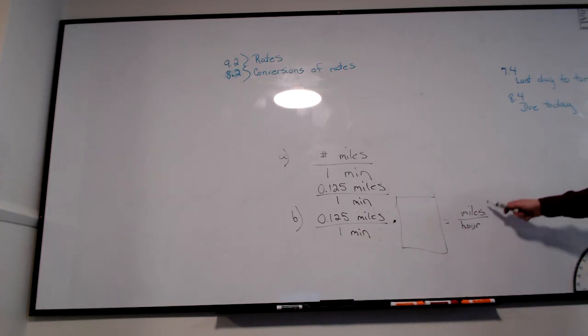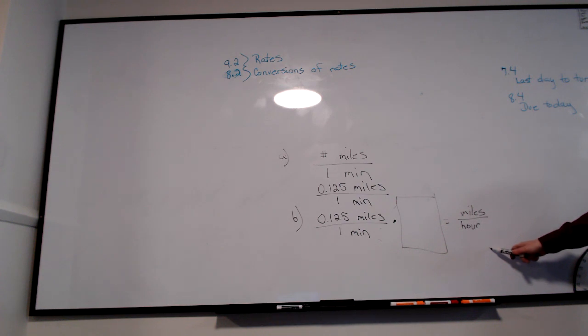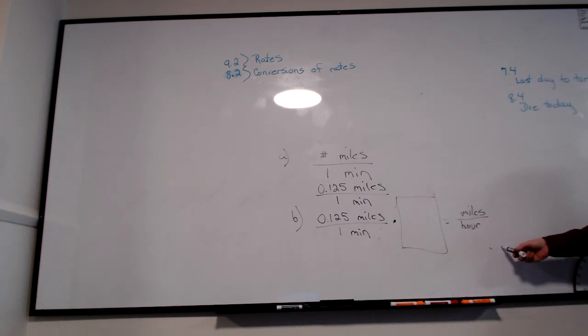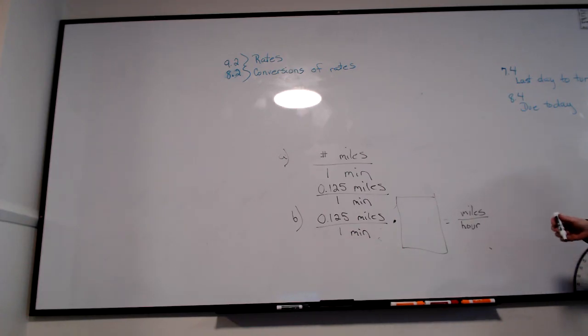I want to get to miles per hour. So I need a conversion from minutes to hour. What is the conversion from minutes to hour? 60 minutes in one what? Hour. Okay, 1 hour is the same as 60 minutes, or 60 minutes is the same as 1 hour, okay?